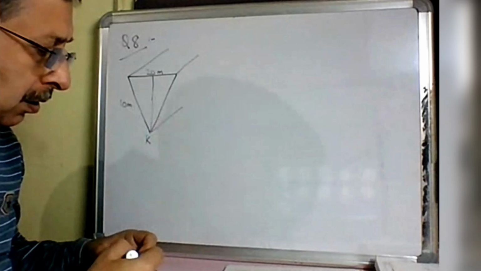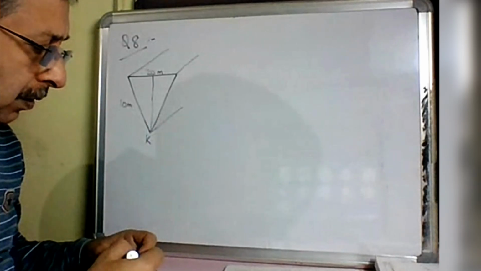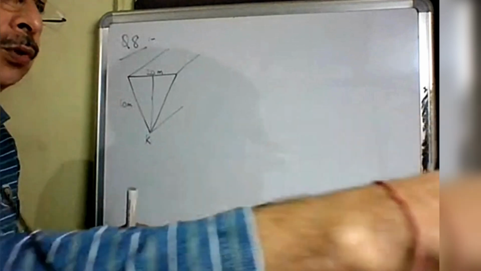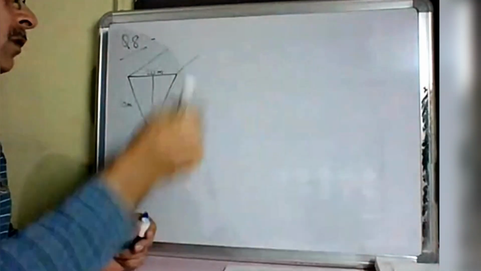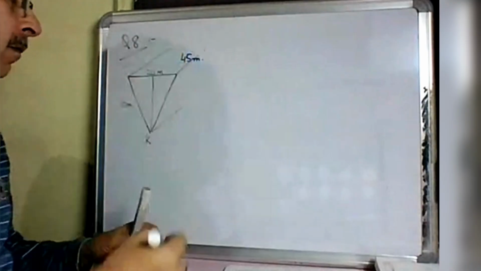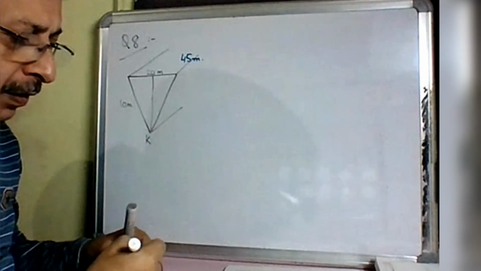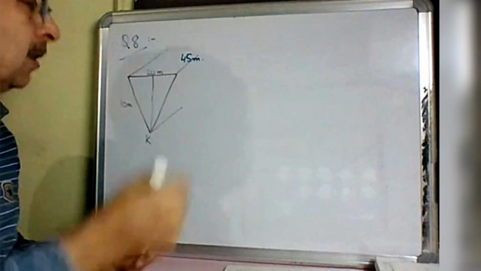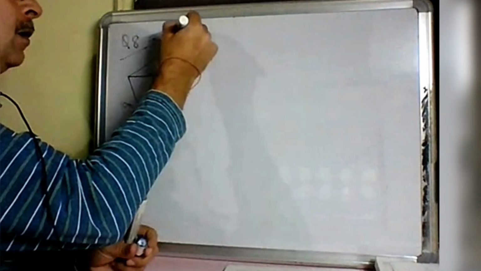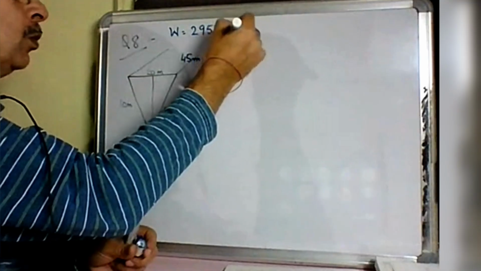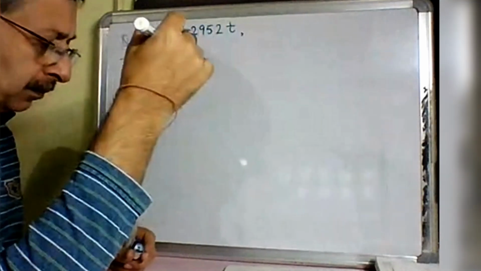It is 45 meters long. So this keel length is 45 meters, and displacement is 2952 tons.